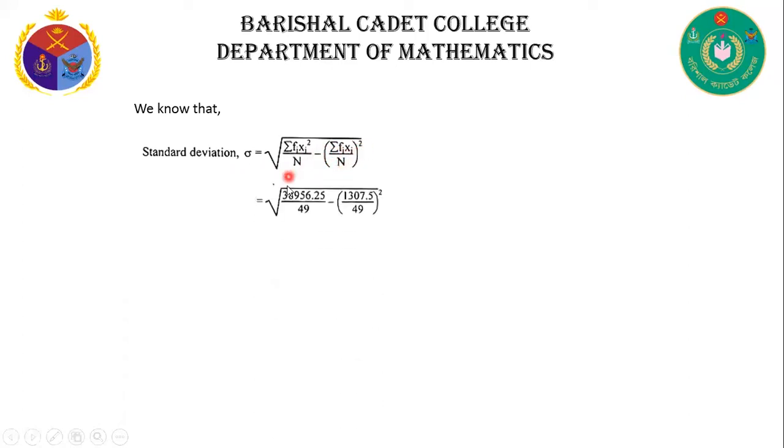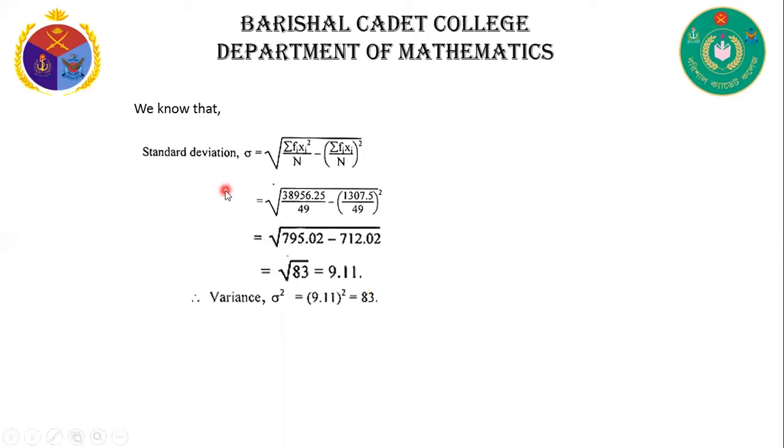Putting the values and calculating, we get 795.02 minus 712.02, that means root 83, which is equal to 9.11. If we square the standard deviation, it becomes variance. So sigma squared is equal to 9.11 squared, that means 83. This is our required variance.